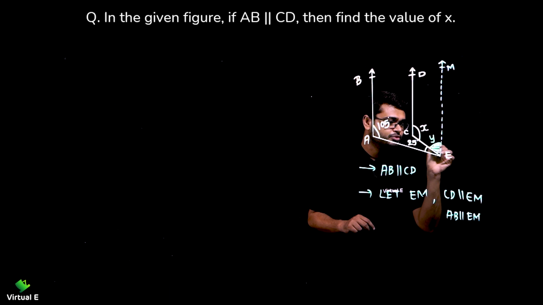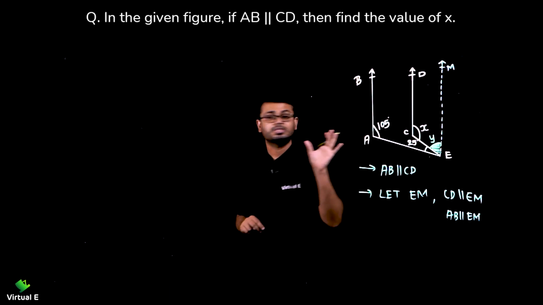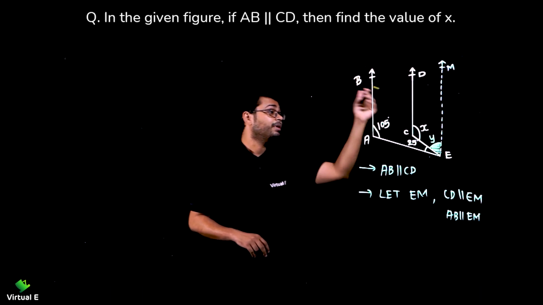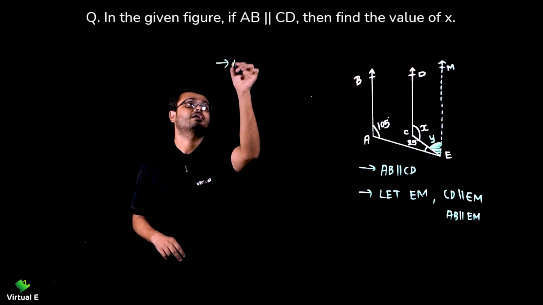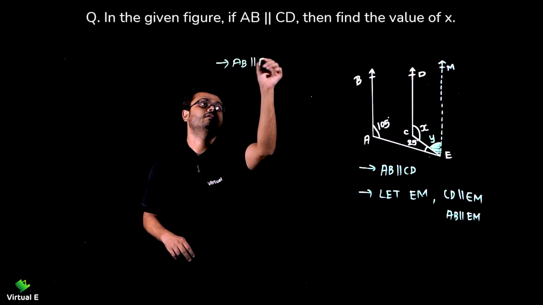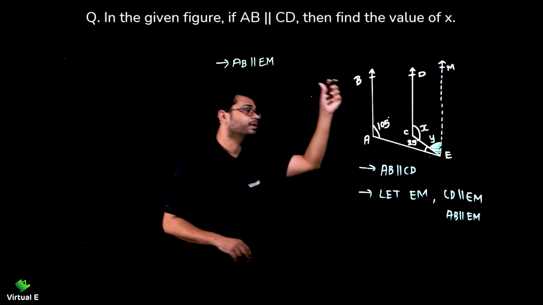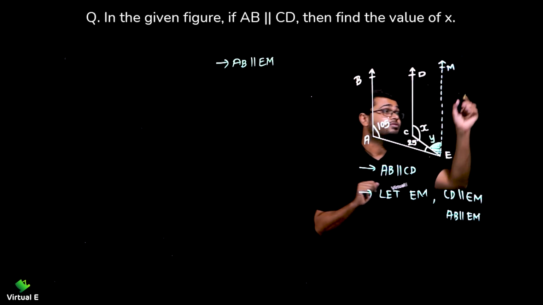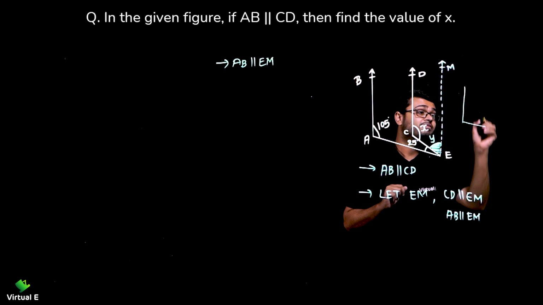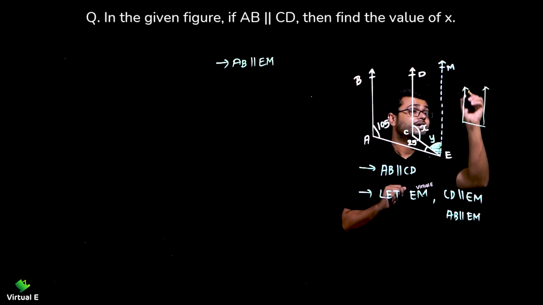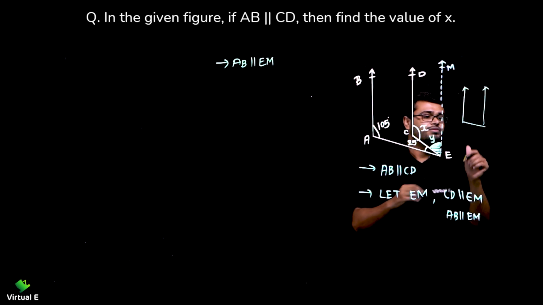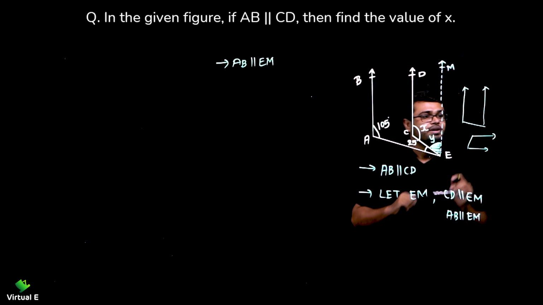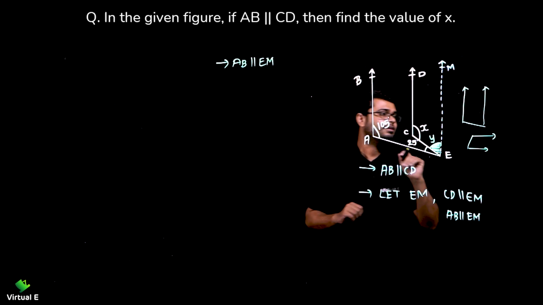We are not changing the position of X. Now, if we talk about the two lines AB parallel to EM, it is making a C somewhere over here, standing upside down kind of. Generally we are used to this kind of C, but here we have vertical parallel lines.